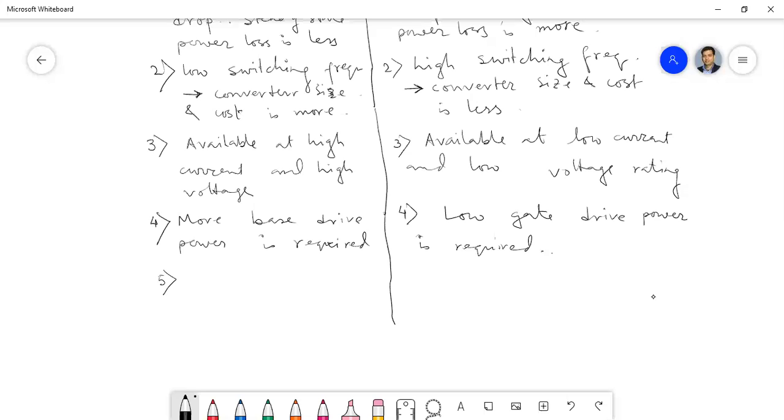And the fifth point, which also can be written here, is the second breakdown. Again, the second breakdown phenomenon is present here.